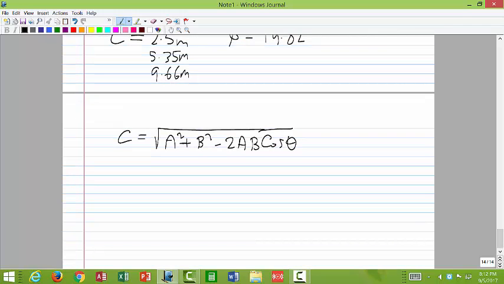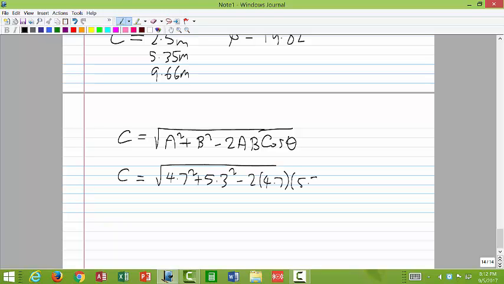What you can do is just plug in the numbers. A is 4.7. B is 5.3. And then we have 2 times 4.7 times 5.3 cosine 30.